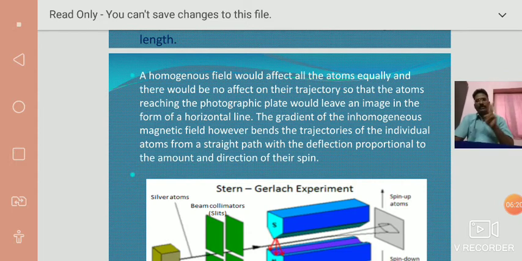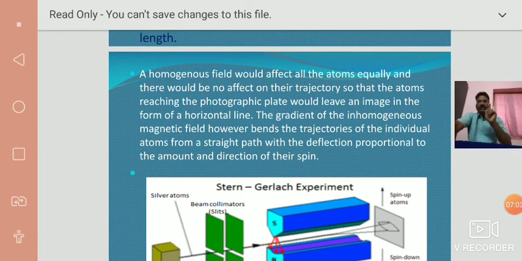Why? Homogeneous means uniform magnetic field. If the magnetic field is uniform, there is no deflection of silver atoms. Hence, the silver atomic beam strikes the photographic plate, and we get a single strip. But if the magnetic field varies from one point to another perpendicular to the path of the silver atomic beam, then the beam is deviated from the actual path and the single strip is resolved into a double strip.